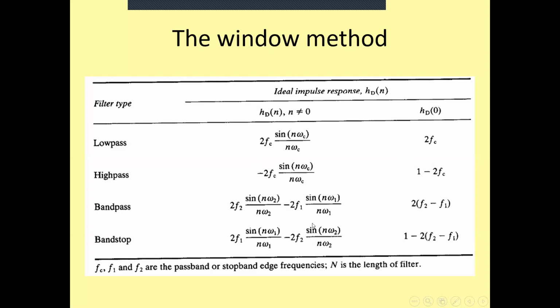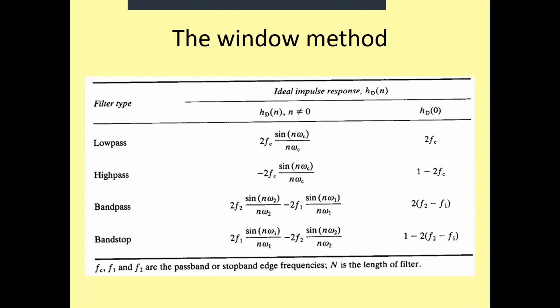As you know, when we talk about band pass filter, we have two cutoff frequencies, F low and F high, or F1 and F2. So the equation will be a combination between low pass and high pass filter to get band pass filter. Again, for band stop, we have a combination between high pass and low pass filter to perform the required ideal impulse response.